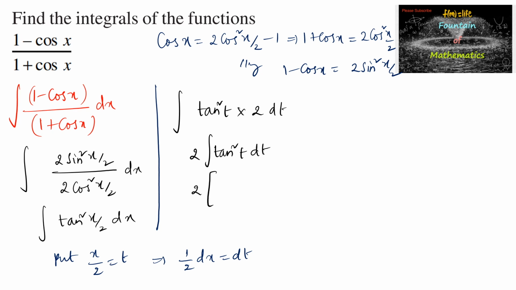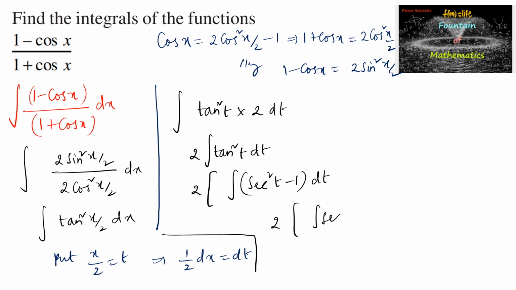2 times we can write integral of secant square minus tan square t is equal to 1. So we can write secant square t minus 1 of dt, which is equal to 2 times integration of secant square t dt minus integration of 1 dt.